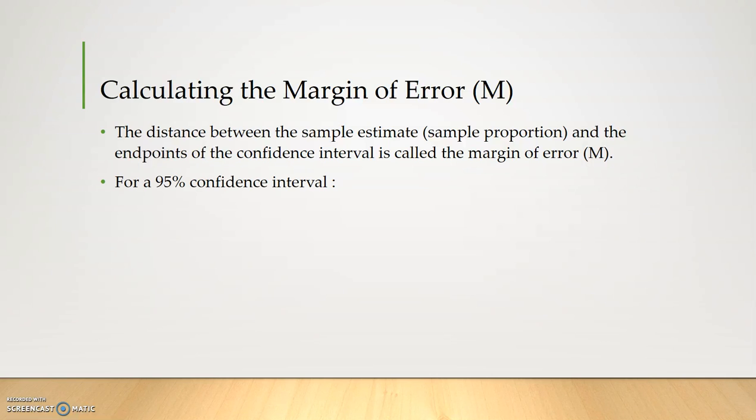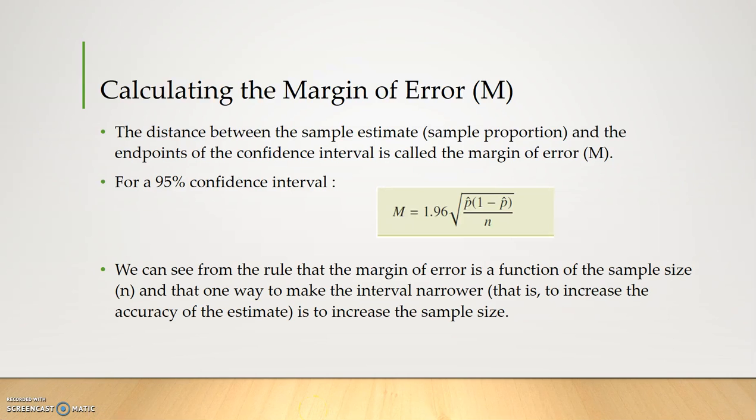For a 95% confidence interval, the margin of error is equal to 1.96 times the square root of the sample proportion times 1 minus the sample proportion, the whole thing over n. If you remember the formula, you will recognise that this is the value that we both subtract from the sample proportion and add to the sample proportion in order to find the lower limits and the upper limits.